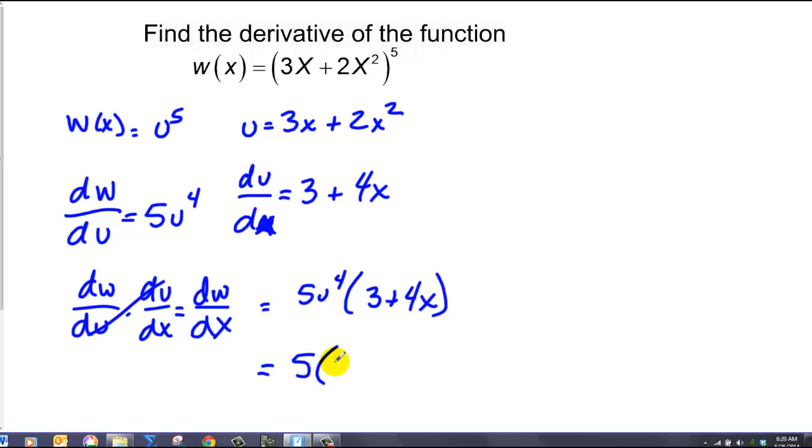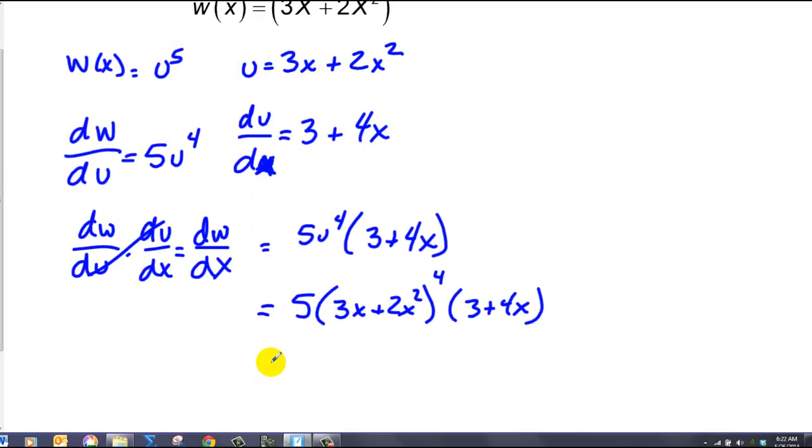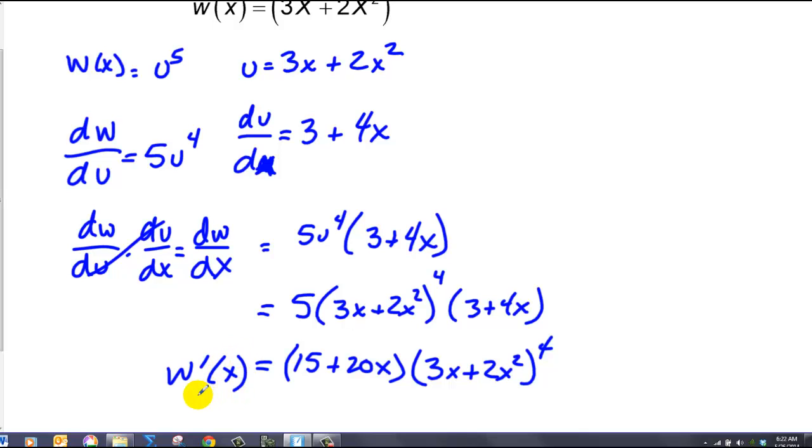And I get 5 times quantity 3x plus 2x squared, all to the fourth, multiplied by 3 plus 4x. And I can clean this up a little bit. Multiply the 5 times this term, I get 15 plus 20x, all multiplied by quantity 3x plus 2x squared raised to the fourth. And that, once again, is w prime of x.